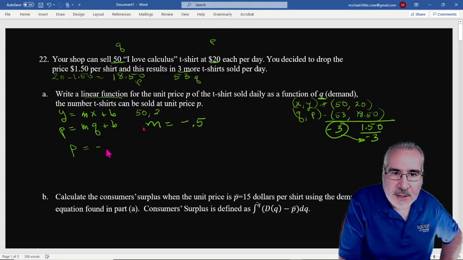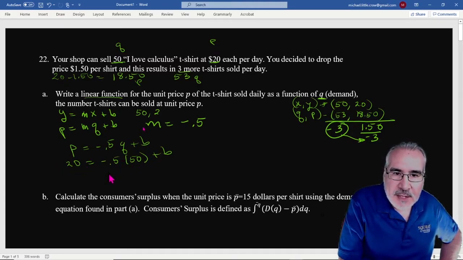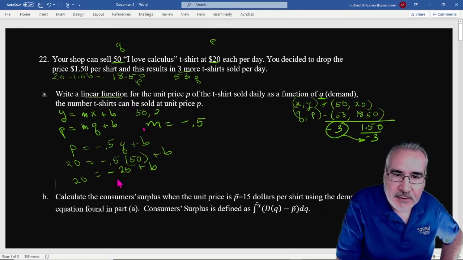P equals minus 0.5 times Q plus B. Plug in the 50, 20. 50 is our Q, negative 0.5 times 50 plus B. P is going to be 20. Negative 0.5 times 50 gives us a negative 25. Add 25 to both sides.